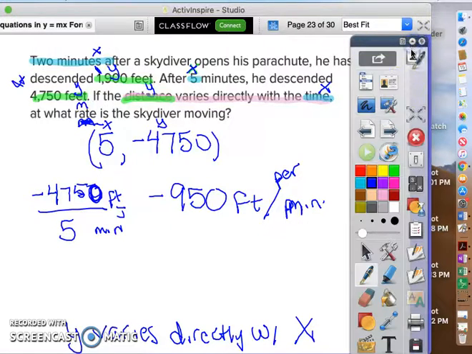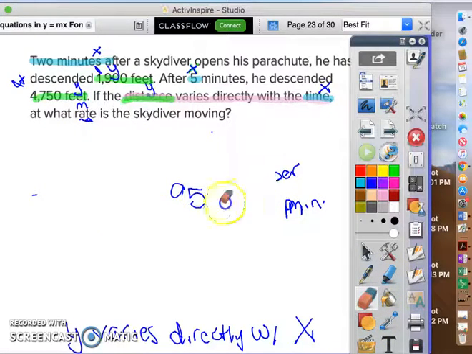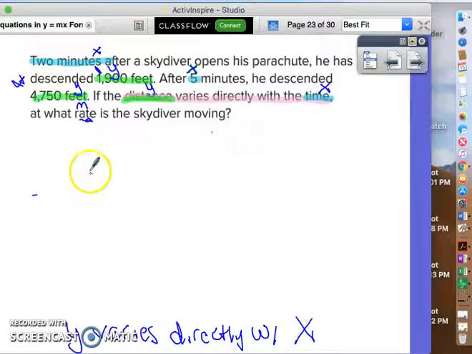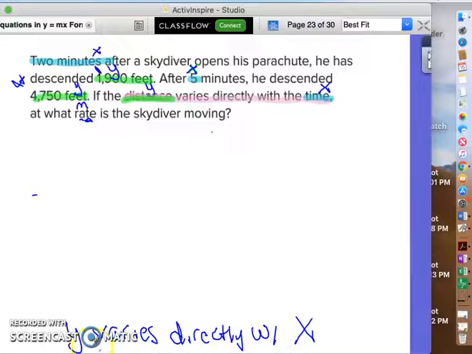Now we're going to do a review of when we have a word problem. Again, remember y varies directly with x. So in our word problem, after we read it and it says the distance varies directly with the time, that means the first one is y and our second one is x.